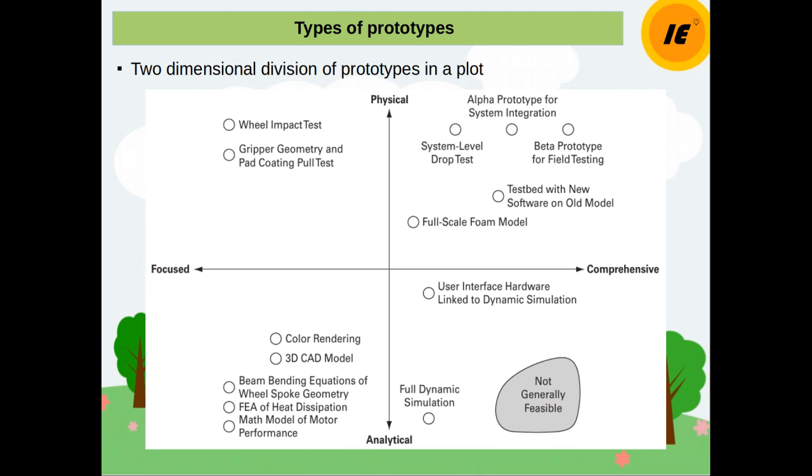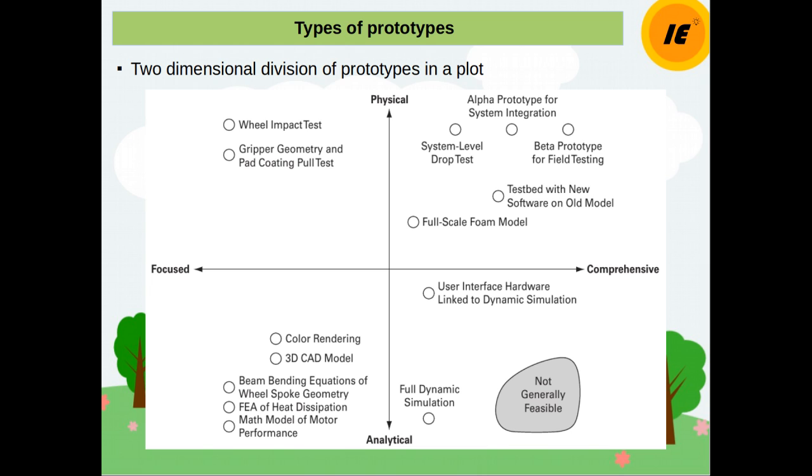So something like a prototype which is focused and analytic. Now if it is focused and more physical, because you can't rely on the simulation totally, and we'll discuss that later, then the example can be the wheel impact test.